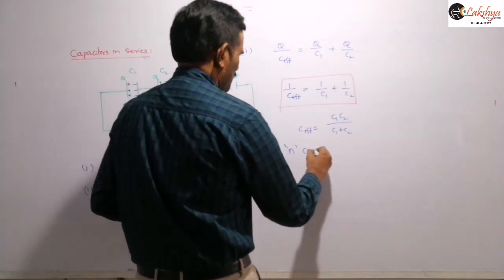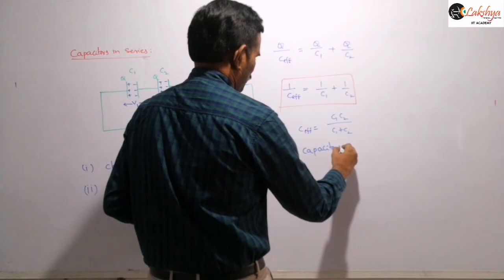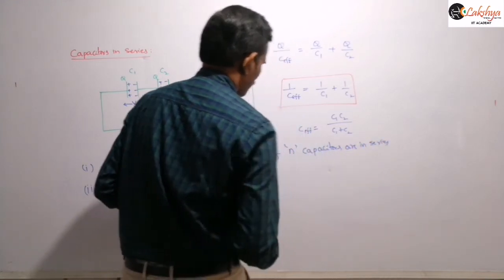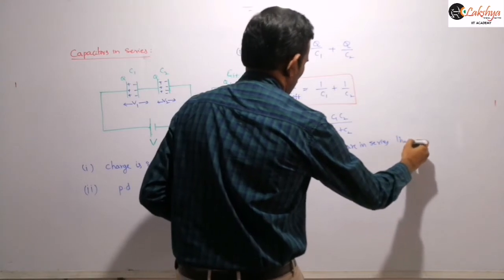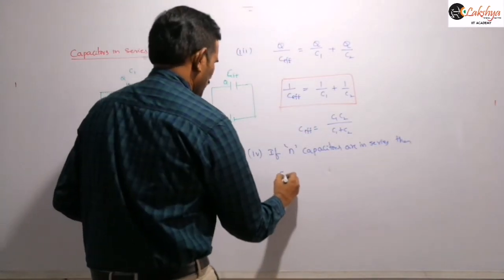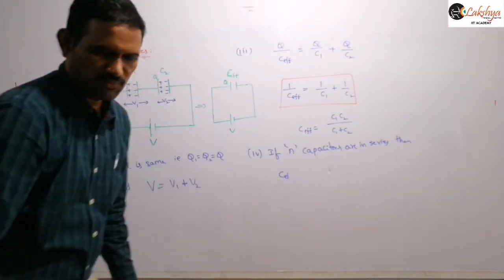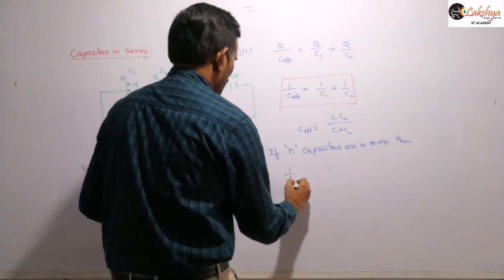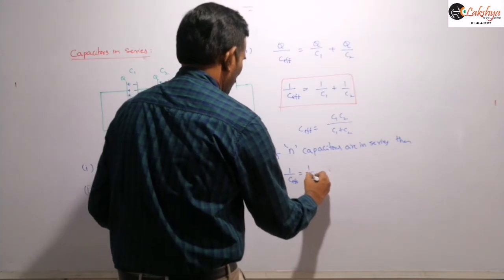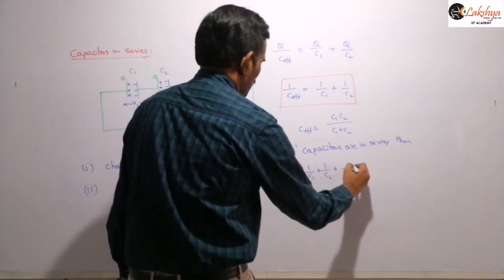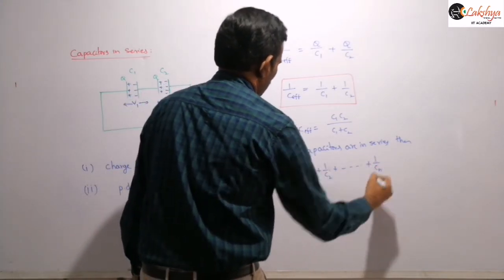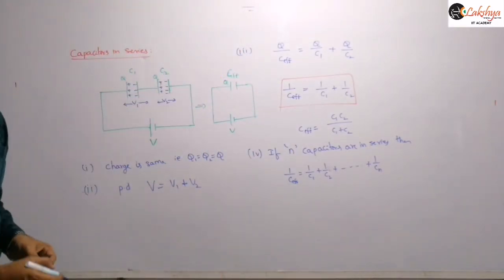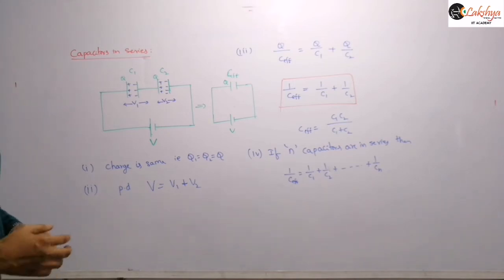If n capacitors are in series, then 1 by C effective is equal to 1 by C1 plus 1 by C2 plus and so on plus 1 by Cn. We just need to extend the formula if n capacitors are in series.